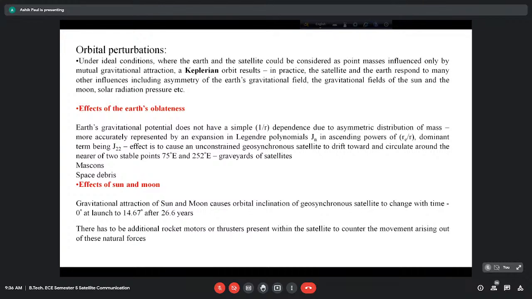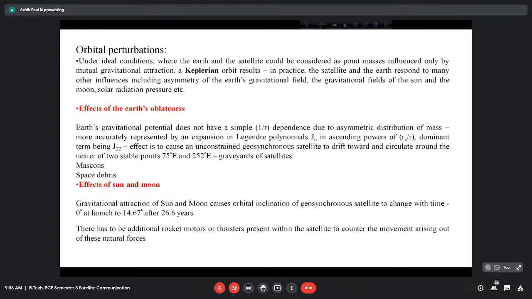One is located around 75-degree east, as you can see over here, and the other around 252-degree east. So one is primarily in the Indian or Asian longitude sector, and this one is in the American longitude sector.